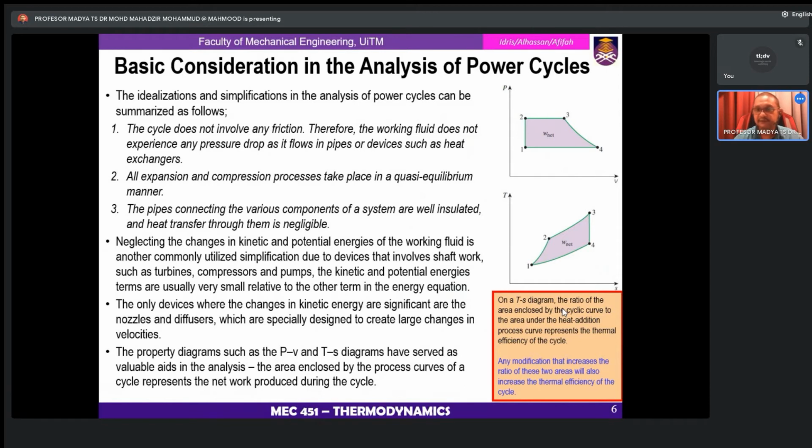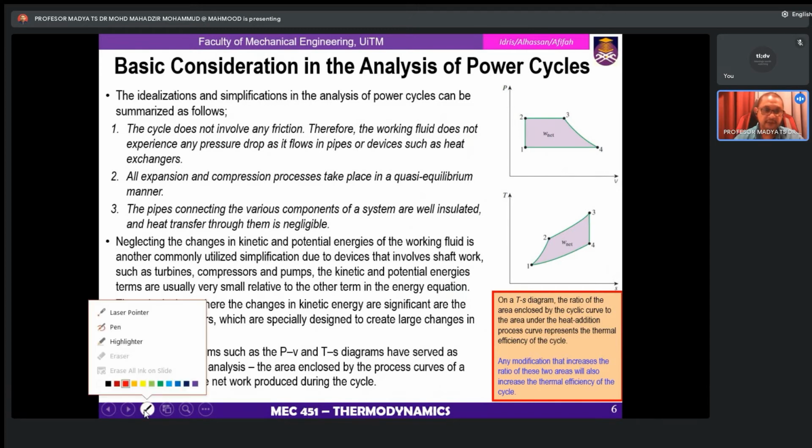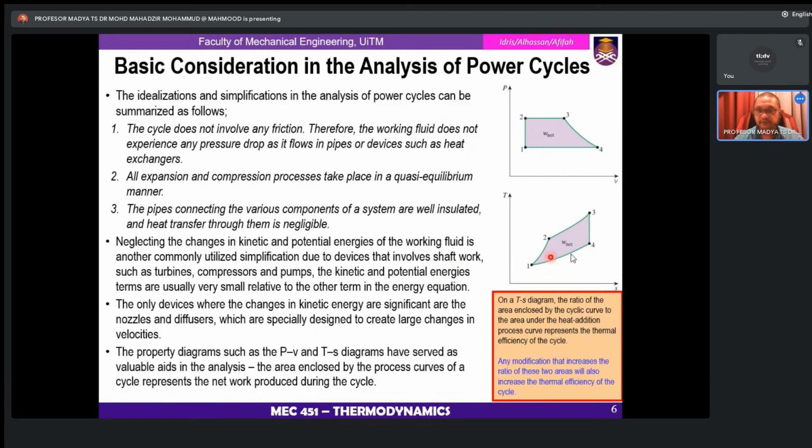If we plot the T-s diagram, it will look like that, from 1 to 3, and 4. The area under the graph lines is the net work for the T-s diagram.